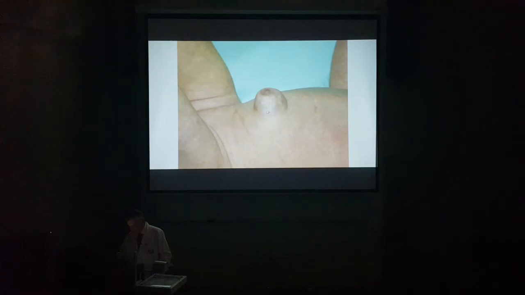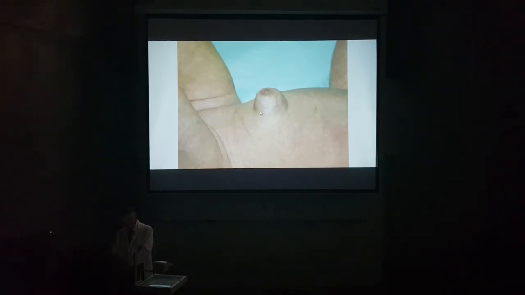This is the umbilicus of a baby. It's bulging. You see, this is the place where the cord comes in and enters the body of the baby. Umbilical cord.